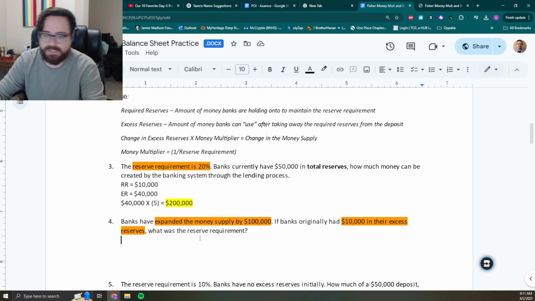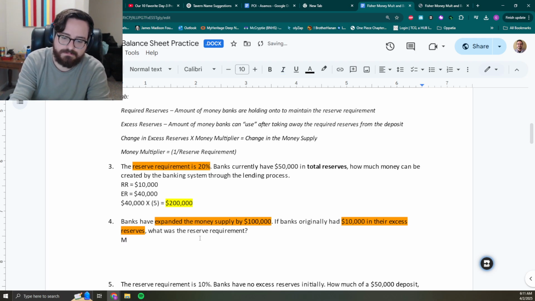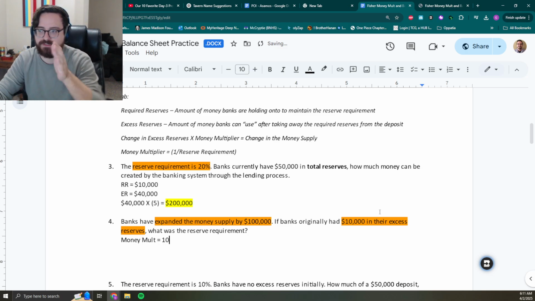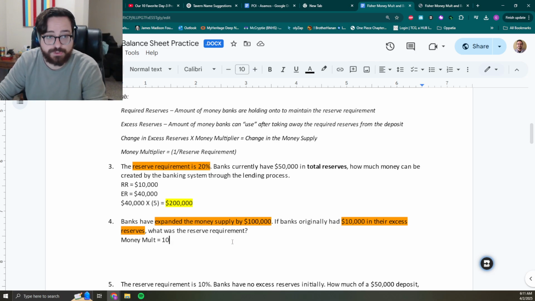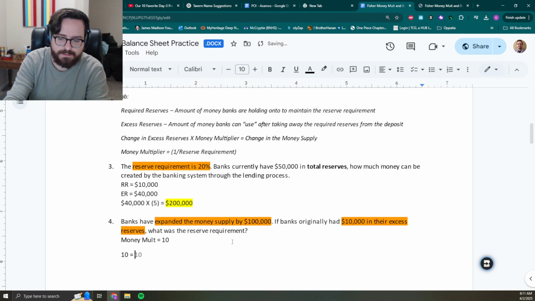So I know the multiplier is 10, because 10,000 times 10 is 100,000. That part's easy. It does ask for the reserve requirement, so I have to do 10 equals 1 over x to solve this.